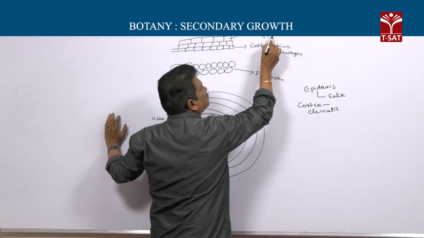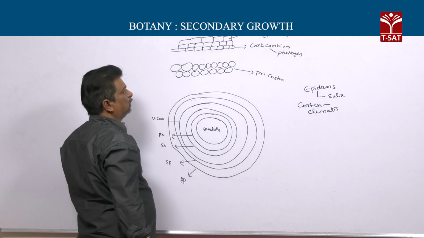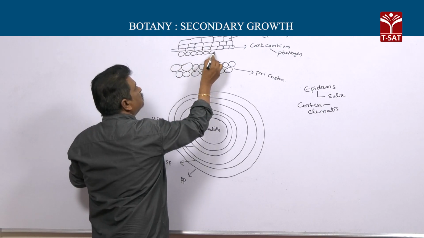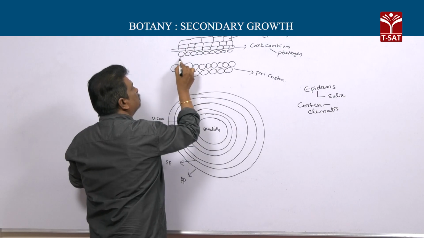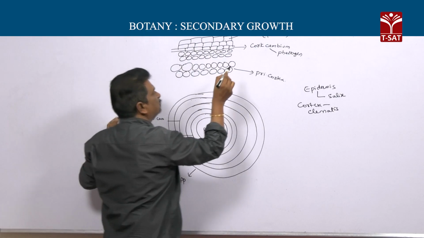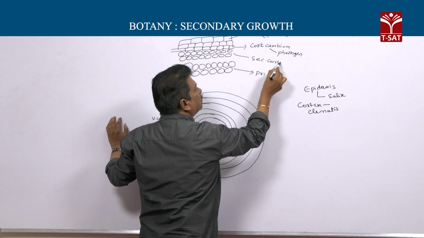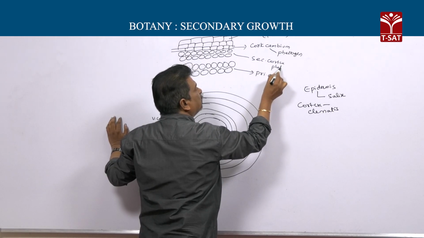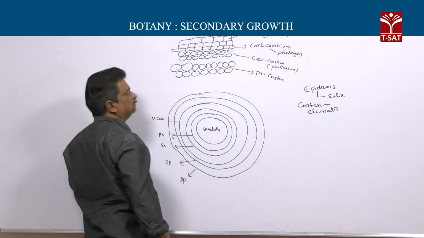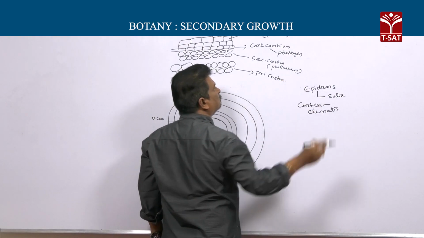The outside cells are called phellem or cork. Inside, it produces secondary cortex. This secondary cortex is called phelloderm.